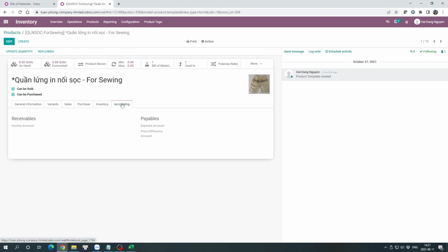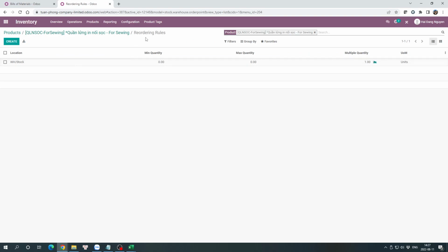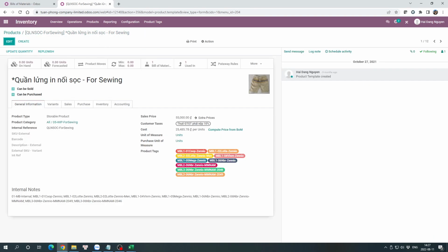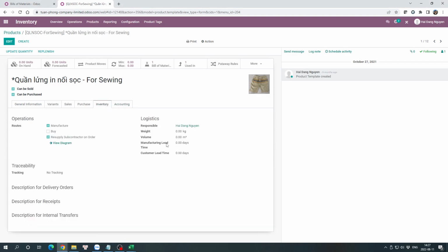And also for the system to work automatically, make sure you have this in place. Reordering rules, you have a line like this, multiple quantity of one, just one, and things would work perfectly. Also, please leave the lead time as 0 so that any document or voucher or operation would be triggered straight away.